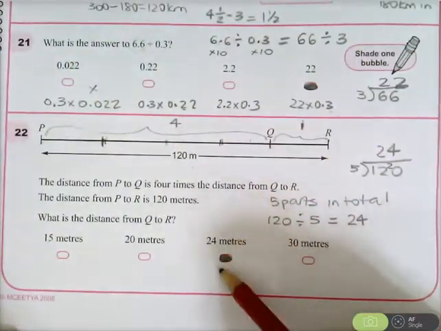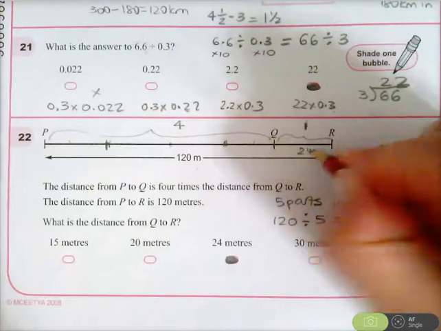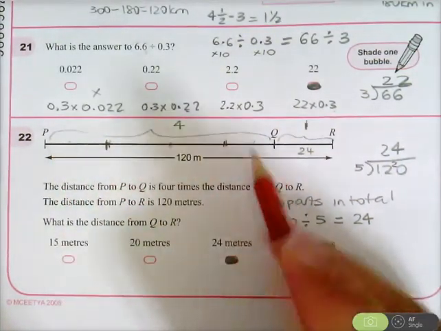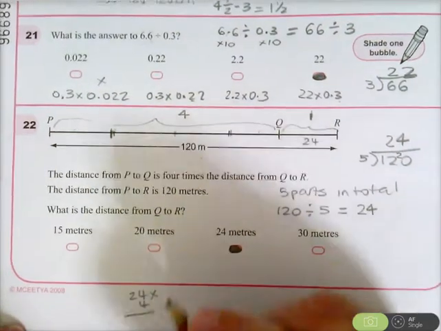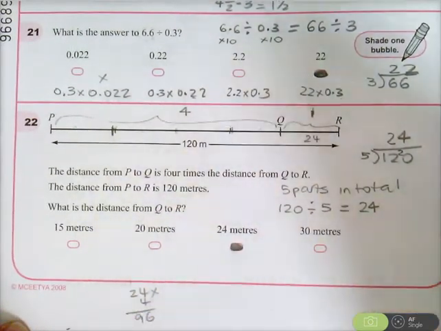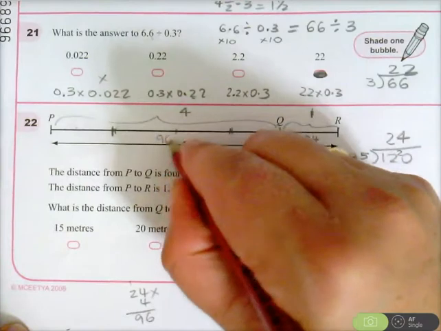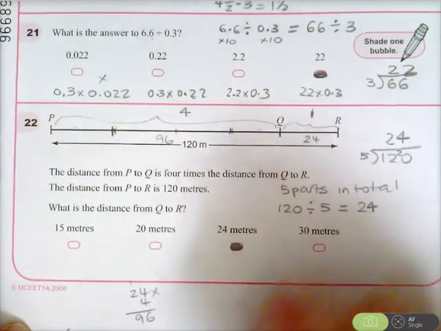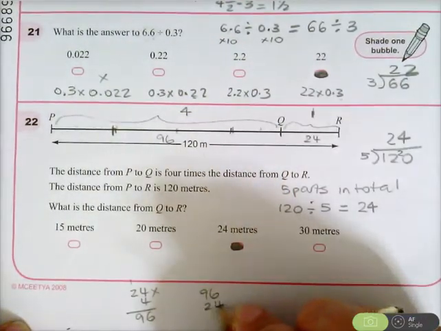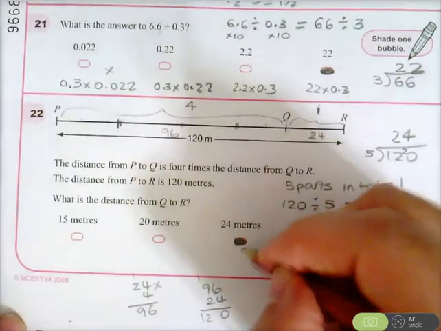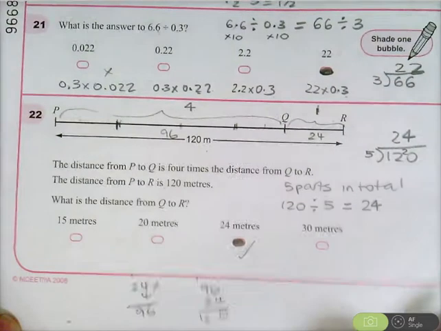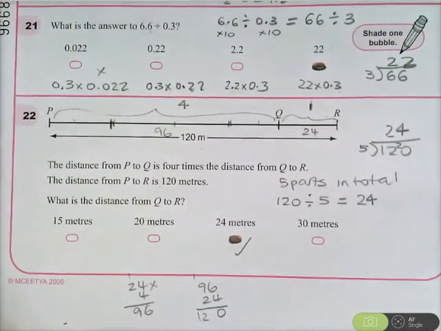You can also try 24. If this one's 24, then this is 4 parts, so I need to do 24 times 4, and you get 96. If that's 96 and that's 24, yes, that's 120. And so that is another way you could have worked out that the answer was 24.